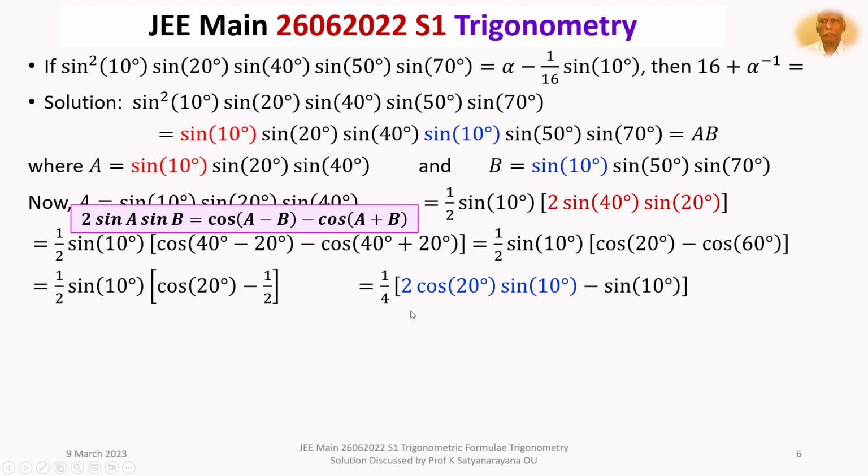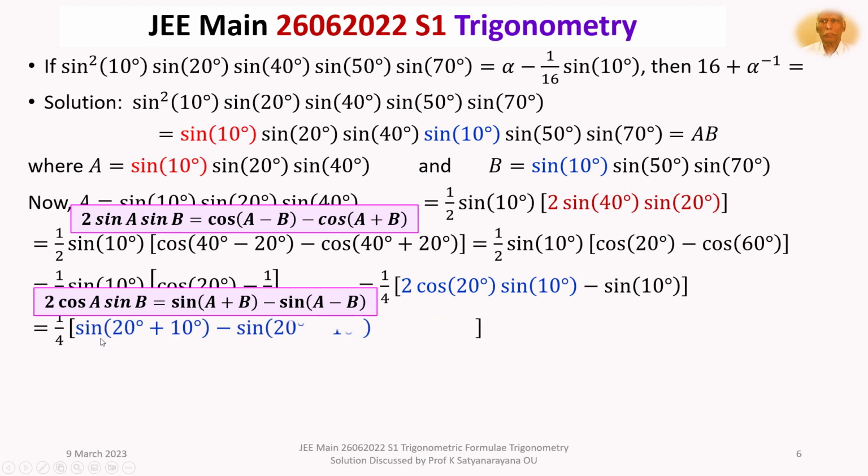We recall a formula for 2 cos A sin B: it is sin of the sum A plus B minus sin of A minus B. So that is equal to 1 by 4 into sin of the sum 20 plus 10 minus sin of the difference 20 minus 10, minus the sin 10 that is already there.